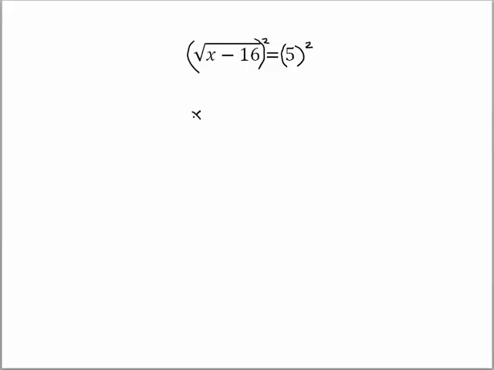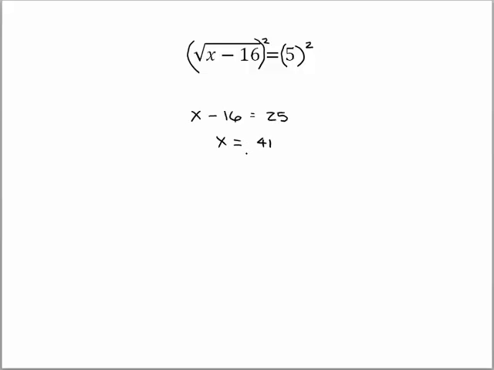So then what we have is x minus 16 equals 25. That makes it much easier. So therefore x, when we add 16 to the other side, x equals 41.